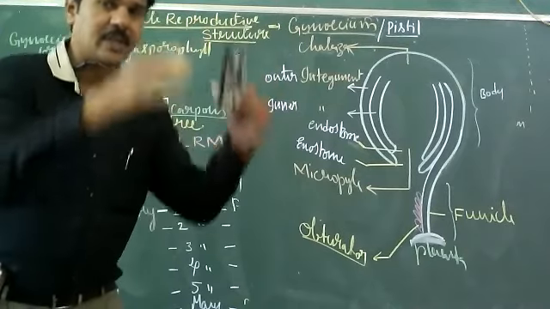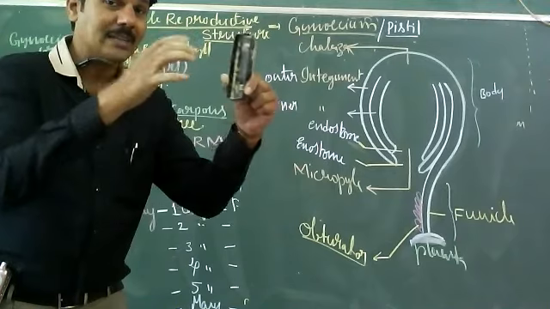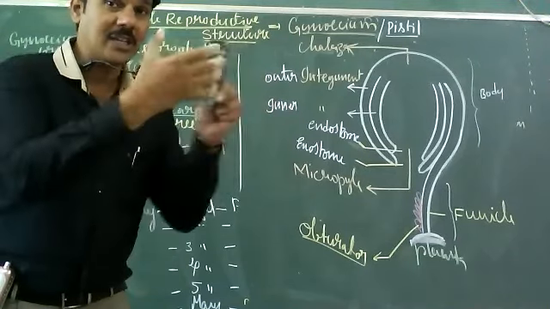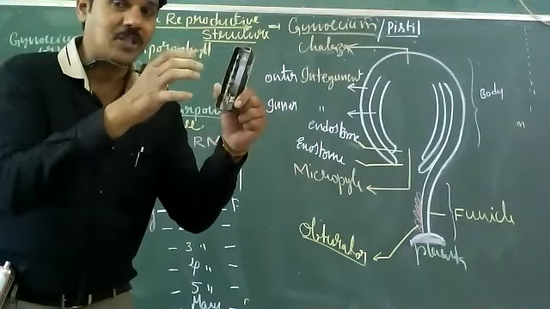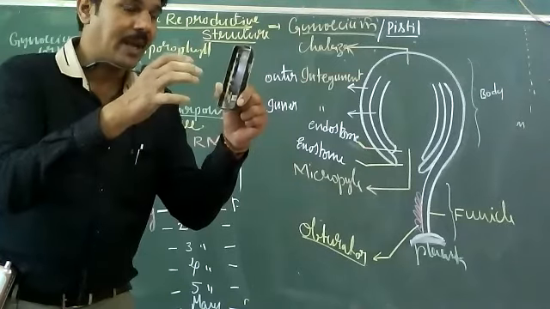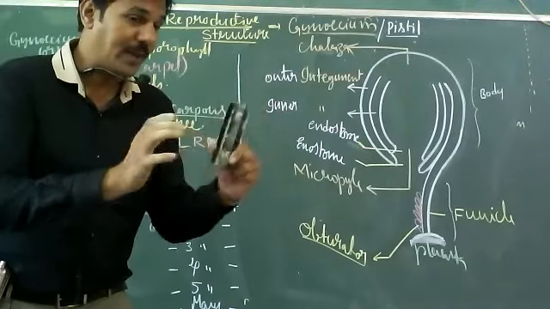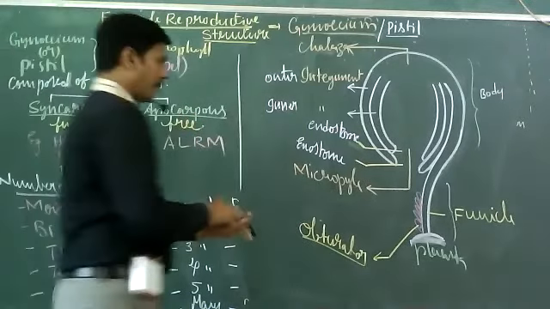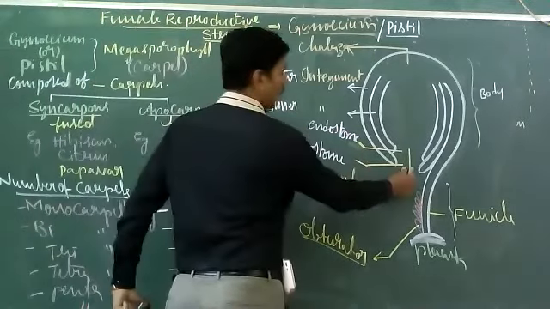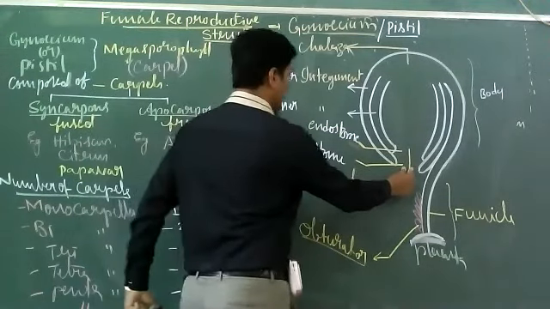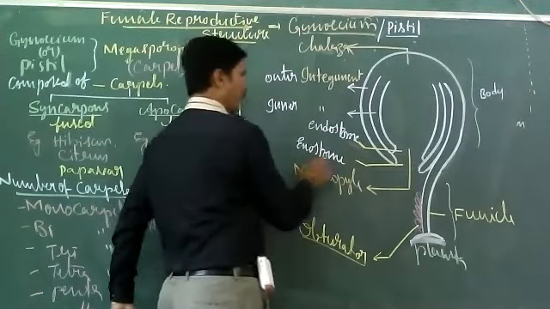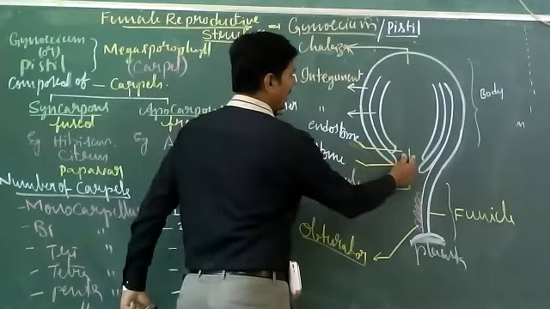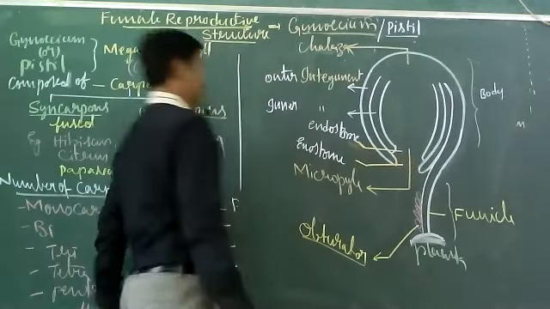The space between the outer integuments is called exostome, and the space between the inner integuments is called endostome. You can see here, the outer integument leaving a small gap, exostome; the inner integument leaving a small gap, endostome.